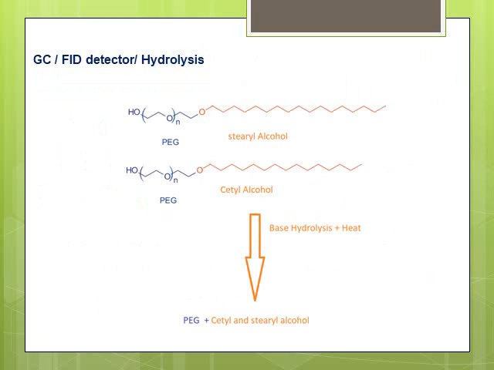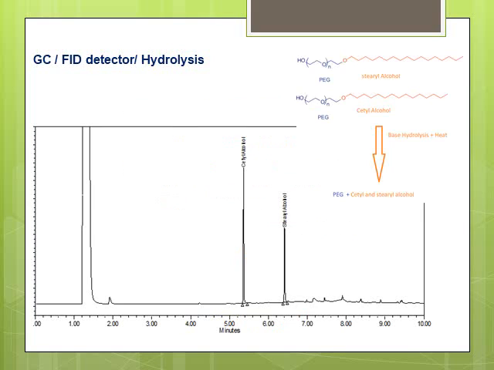The last technique is the GC method. In this technique, you need to do base hydrolysis and break off the cetyl and acetyl alcohol into free cetyl and stearyl alcohol, and then you do the GC quantitation. The method for the cetyl alcohol is available, and it's very easy to develop. Then you do the amount determination.